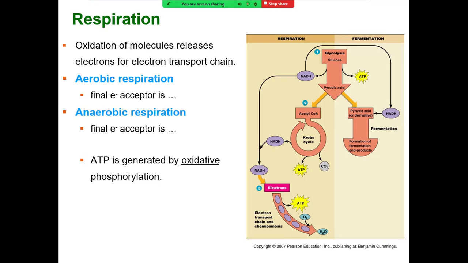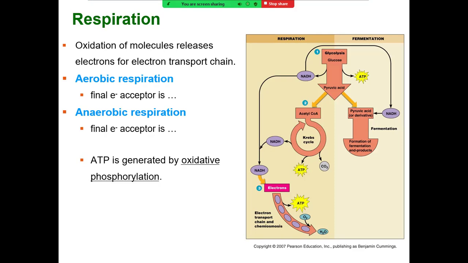So as we've stated, the electrons flow from glucose and they're carried by NADH and FADH2 in the Krebs cycle to the electron transport chain. In aerobic respiration, the final electron acceptor is oxygen. So oxygen is the molecule that the electrons which flow from glucose end up in.